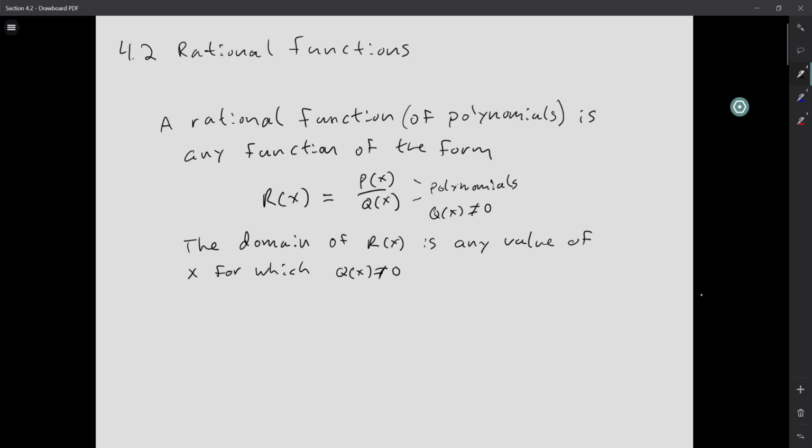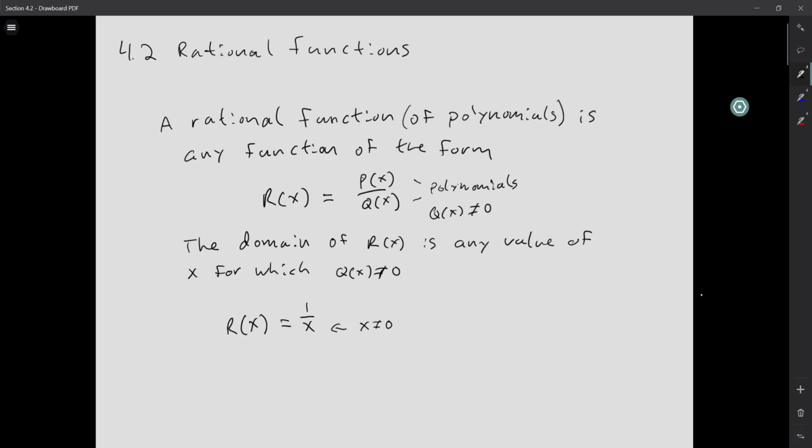So let's pick a simple rational function to look at. If I say r of x is equal to 1 over x, this is kind of our basic example. I have to say here that x is not allowed to be equal to 0. My top polynomial here is just a constant function 1, and my bottom polynomial is the simple linear function x.